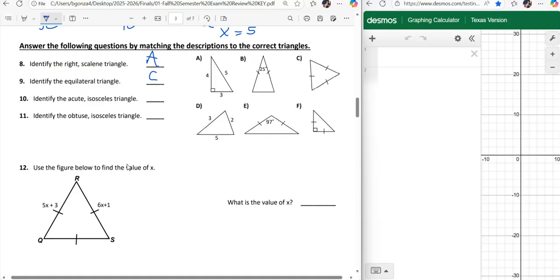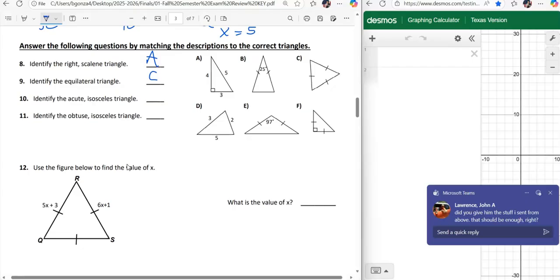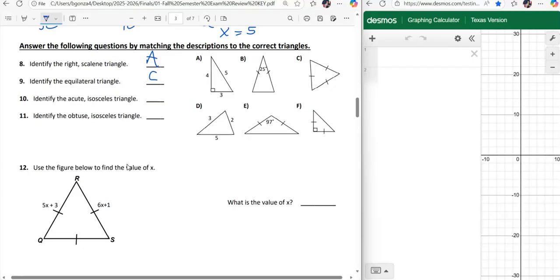Number 10, we need an acute isosceles. So let's look for isosceles, 2 equal sides. That would be B, E, and F. So out of these 3, which one has all 3 acute angles? Let's see. So if this is 25, 180 minus 25 is 155. 155 divided by 2 is 77.5.